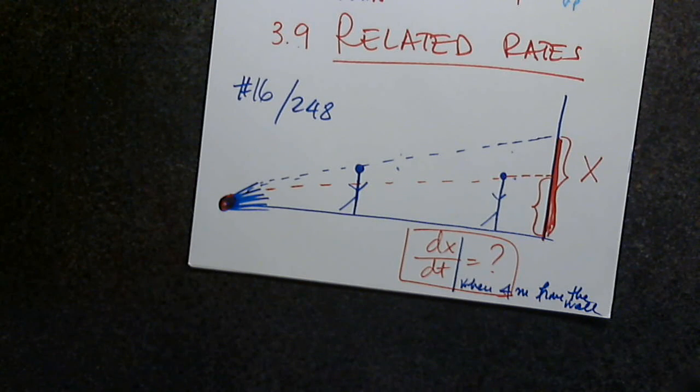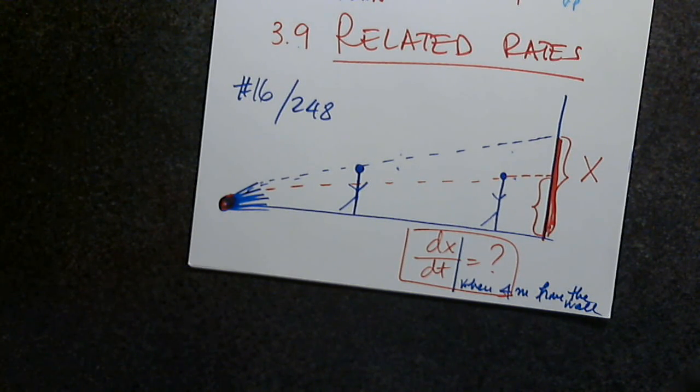So basically, I'm going to determine a function that I will evaluate for some value and get a number. So I walk away from the flashlight over the wall, and at some point in time, I'm 4 meters away from the wall. I want to determine that instantaneous rate of change of the shadow on the wall, which will be in feet per second, right? Feet per, yes, meters per second.